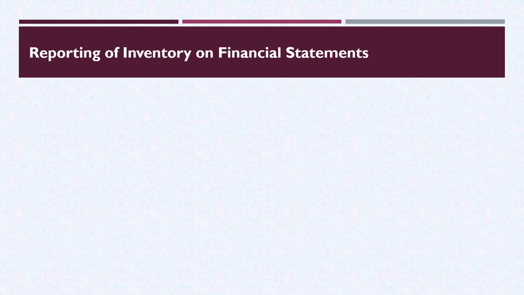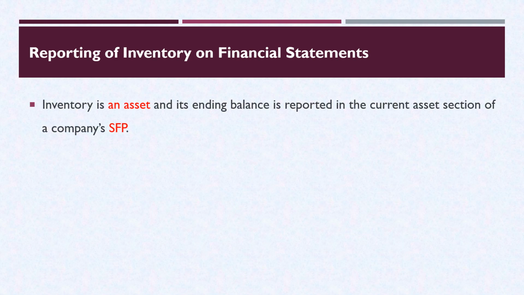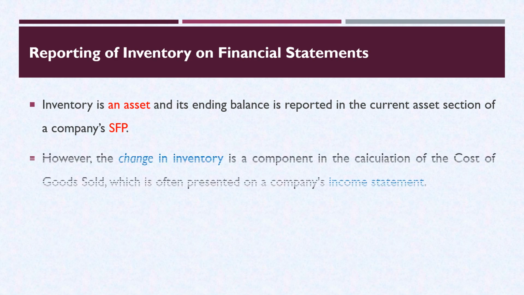Let's see how we are going to report inventory on financial statements. Inventory is an asset and its ending balance is reported in the current asset section of the company's statement of financial position.